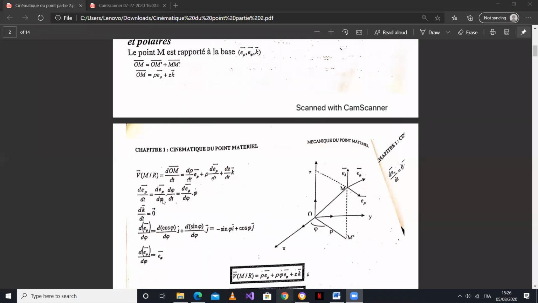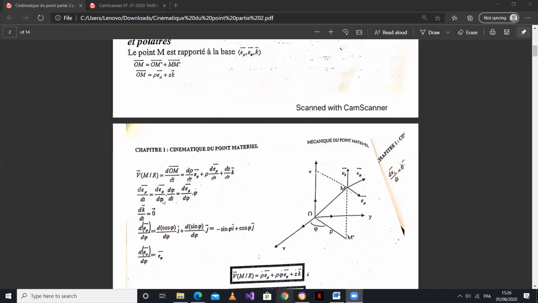And we found that d rho sur d phi was equal to what? Someone please tell me. When I told you the derivative of a unit vector e rho par rapport à l'angle phi is equal to a rotation of 90 degrees. So when we derive e rho par rapport à l'angle phi, we are going to make it rotate 90 degrees. And it's going to become what?